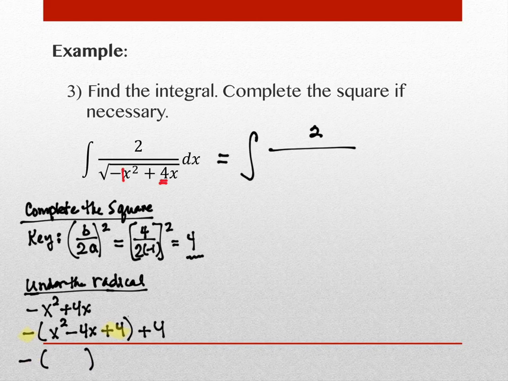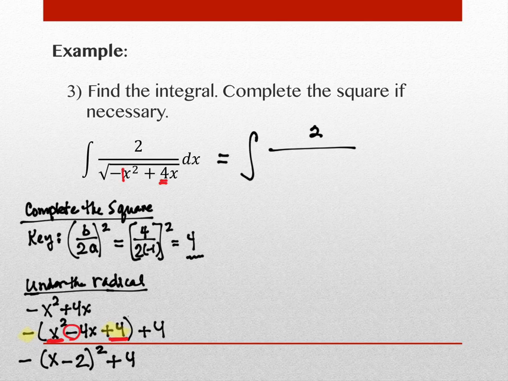Well, it's always a perfect square factoring. That's the whole point of why we did it. It takes the first piece, the square root of it, so that's x. It takes the square root of the last piece, that's a 2. And it takes the sign from the middle, it's a negative. So this will factor as x minus 2 quantity squared. And the number at the end is a 4.